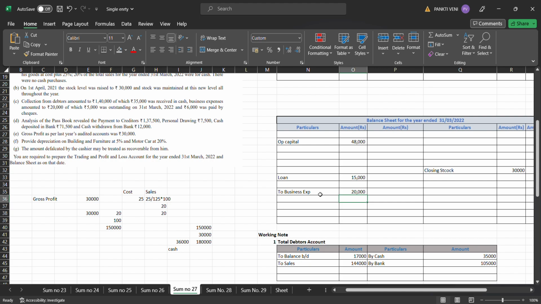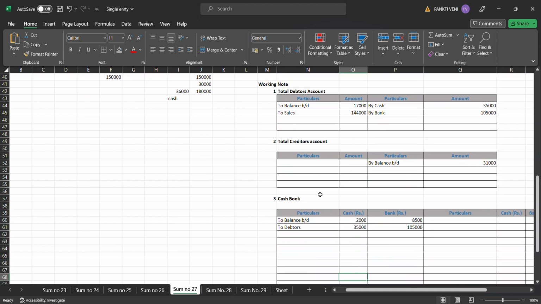Then what is next? Of which 5,000 was outstanding on 31st March 22 and 6,000 was paid by check. So out of this business expenses which we are paying 20,000, we are paying 6,000 by check.